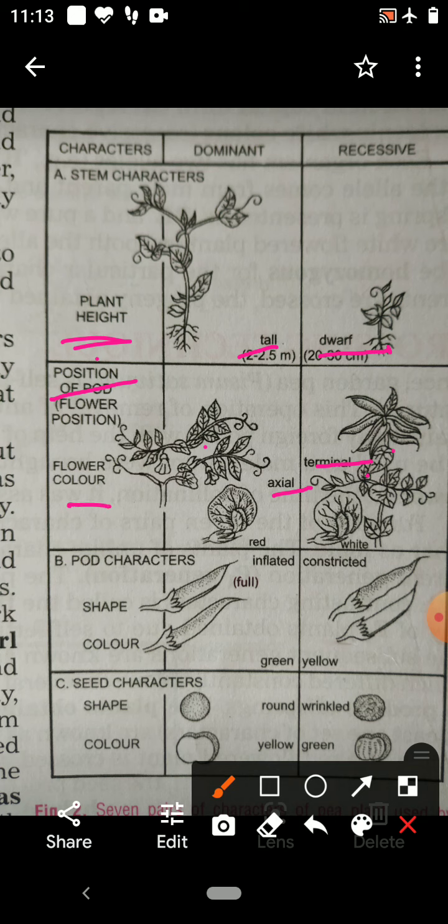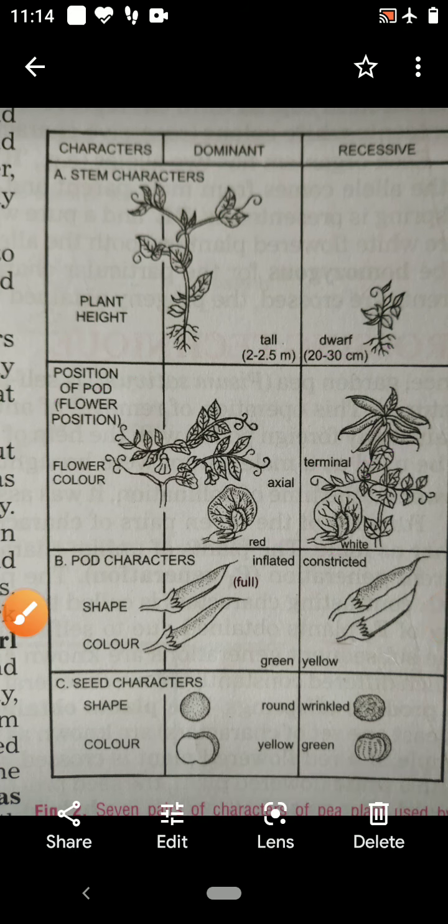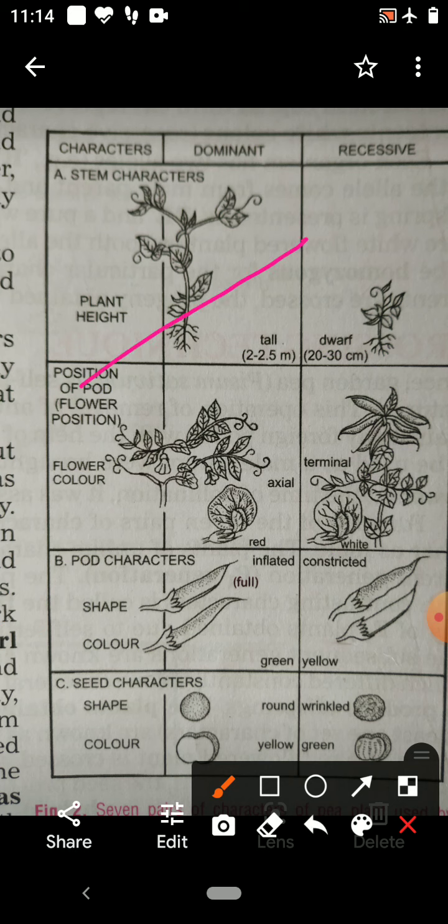Third was color of the flower. In some plants, flowers were red color and in some plants, flowers were white color. Next was shape of the pod. So you know, children, this is the pod, and in this seeds are found.